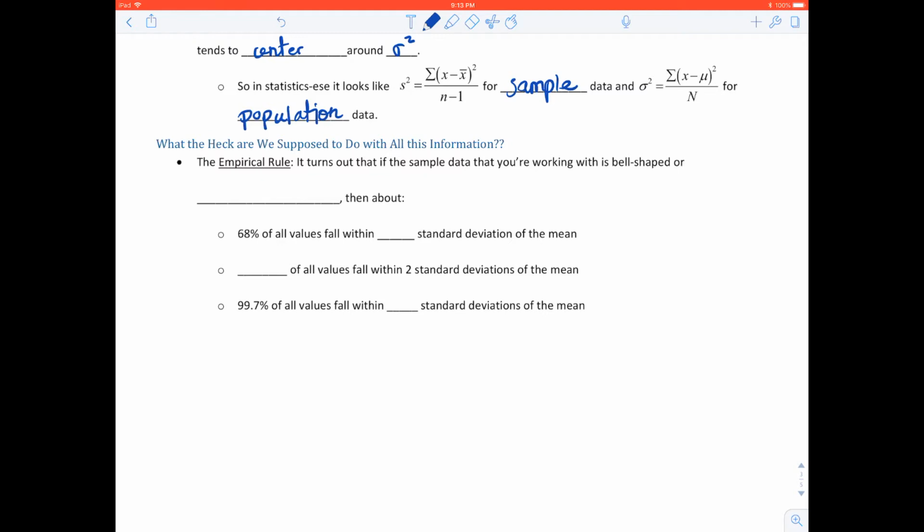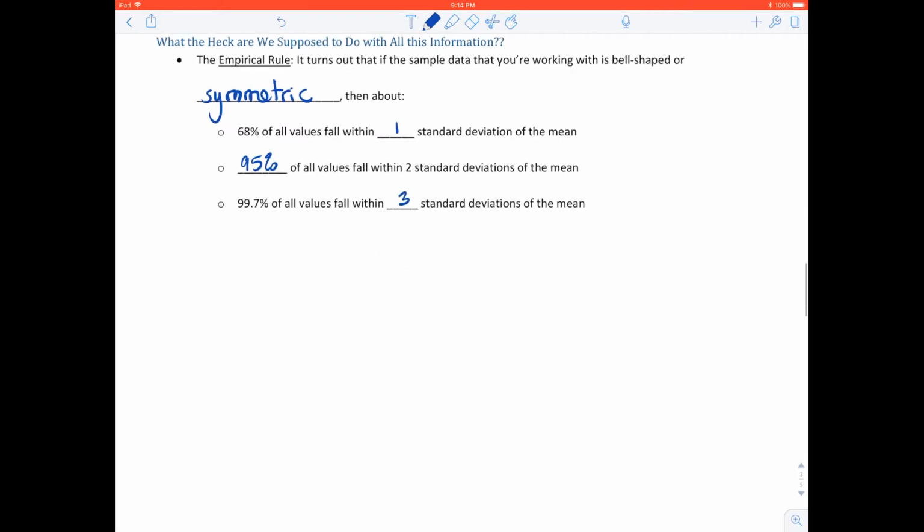It turns out that if the sample data you're working with is bell-shaped or symmetric, then about 68% of all values fall within one standard deviation of the mean on either side, and 95% of all data values fall within 2 standard deviations of the mean, and 99.7% of all values fall within 3 standard deviations of the mean.